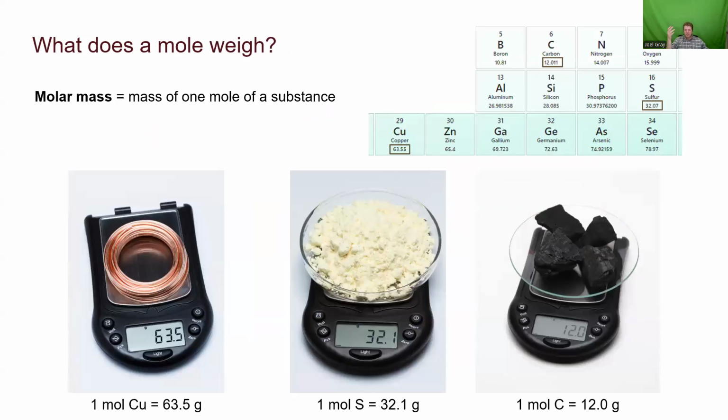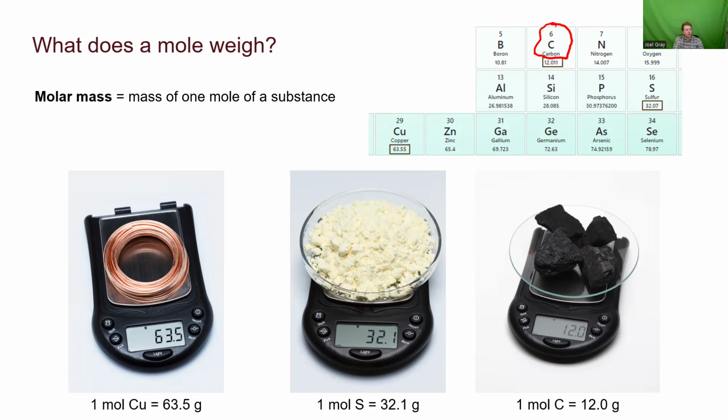Now, this is where we have the periodic table as a great reference point. So, what does a mole weigh? What is the mass of a mole? Well, that's something that you find on a periodic table. When we look at the periodic table, we have this number 6 for carbon. What does that 6 represent? Well, it's the atomic number.